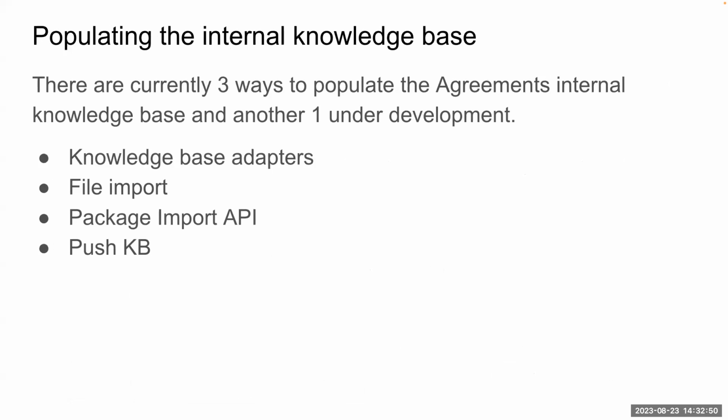Okay. So the internal knowledge base is a way of storing the resource descriptions inside the FOLIO agreements app. And there are currently 3 different ways you can populate that knowledge base, and there's one new way under development.